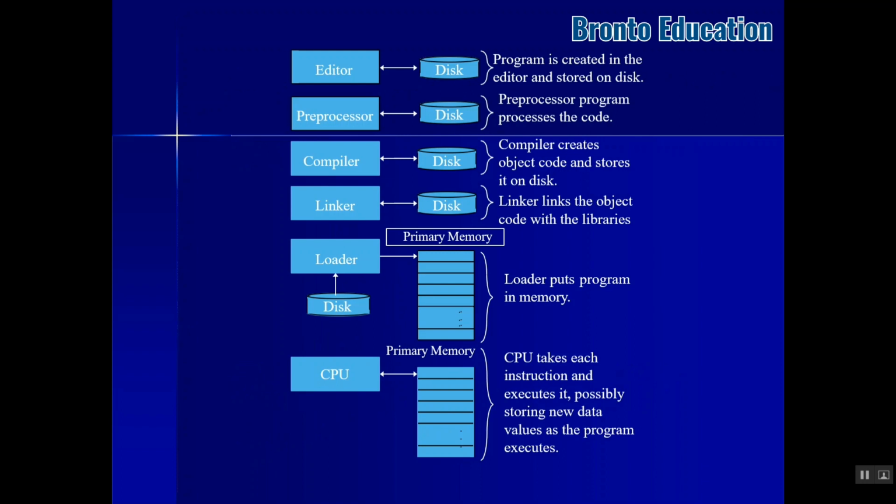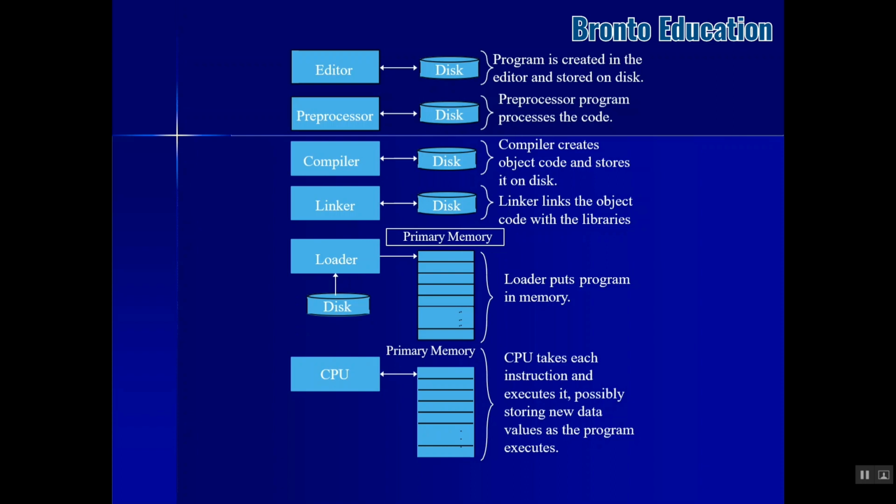First we are going to use editor. In the editor, we write our code and we are going to save it inside the hard disk. Then preprocessor. For example, we are going to use some built-in functions. They are inside the header files, so they are inside the hard disk. And compiler, when you compile it, it takes the code from disk, compiles it and saves the compiled one inside the hard disk.